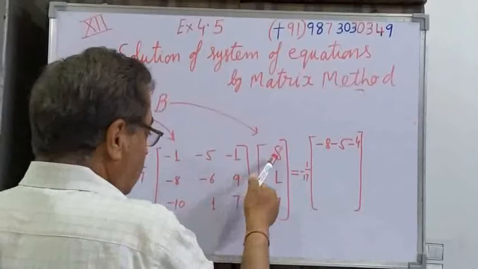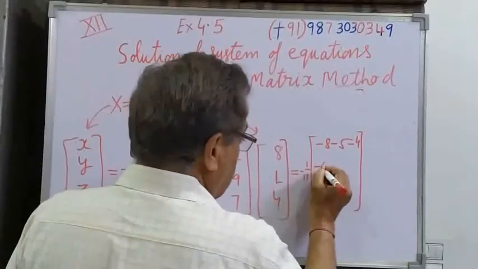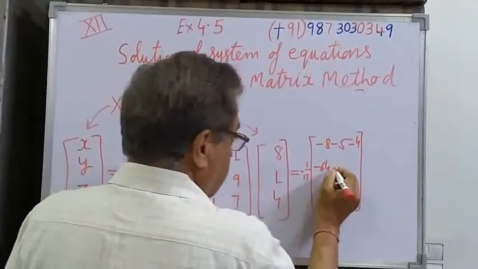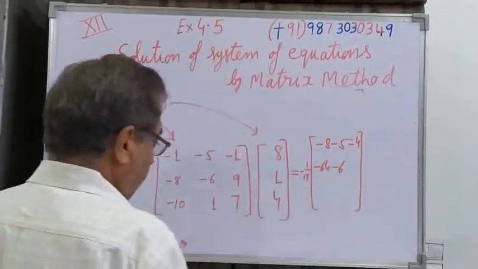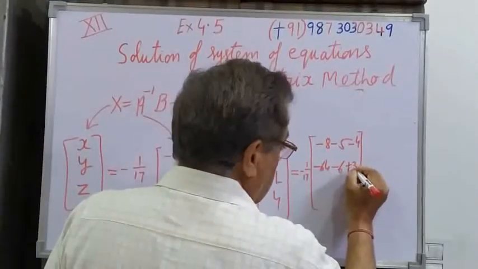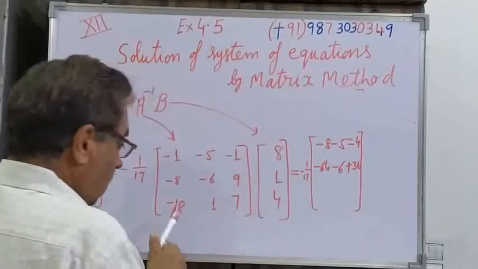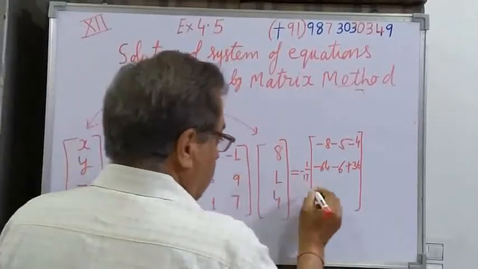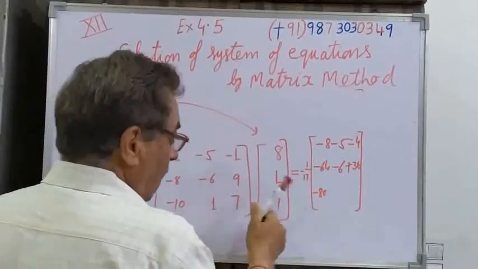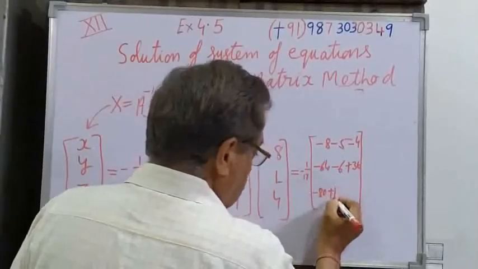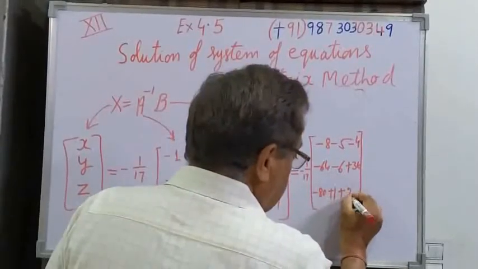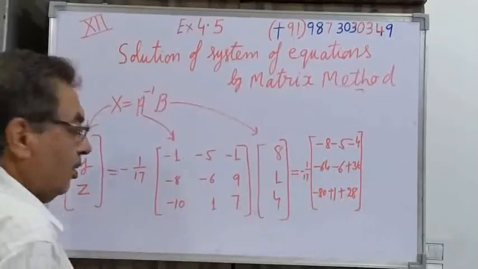Now the second row comes here: minus 64, minus 6 and 36. Then minus 80, 1 and 7 fours are 28. So this is what you obtained.